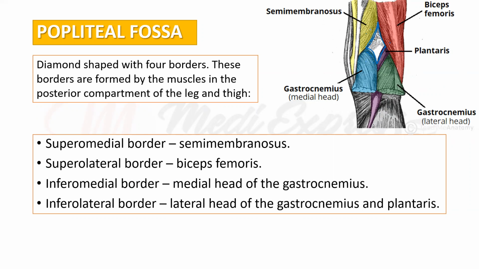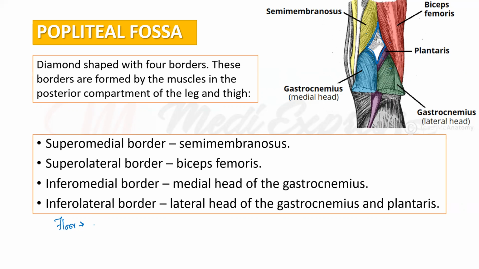Once again, I'll repeat, in the superior medial border, we have semimembranosus. In the superior lateral border, we have biceps femoris. In the inferior medial border, we have medial head of gastrocnemius, and in the inferior lateral border, we have lateral head of gastrocnemius as well as plantaris. So this was regarding the borders. Now coming to the floor, this is also important to know what is there in the floor of the popliteal fossa.